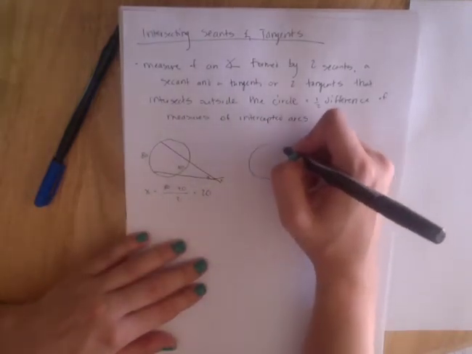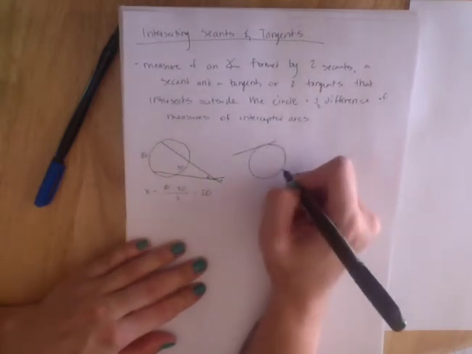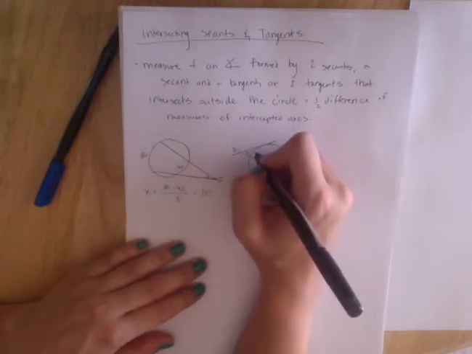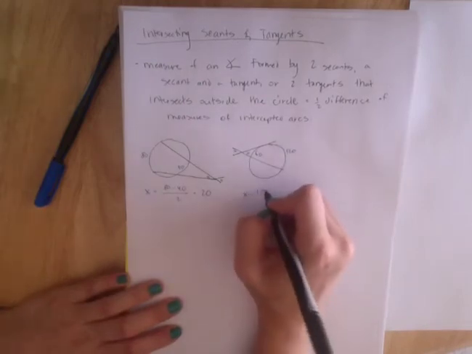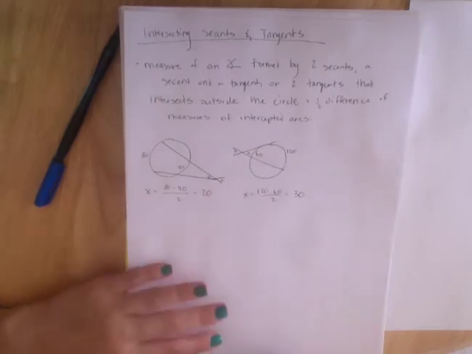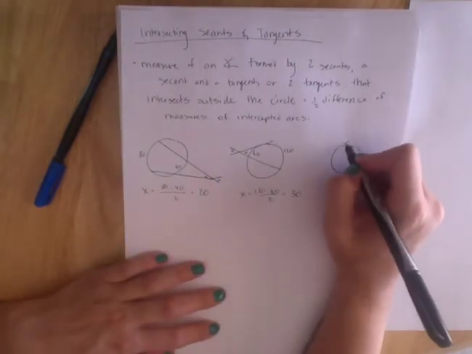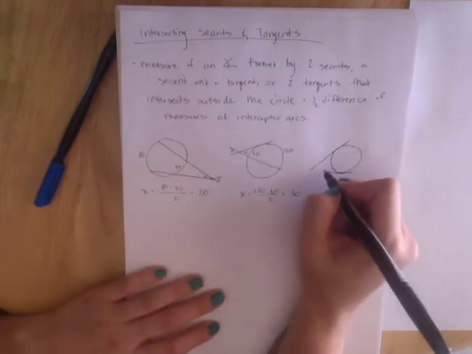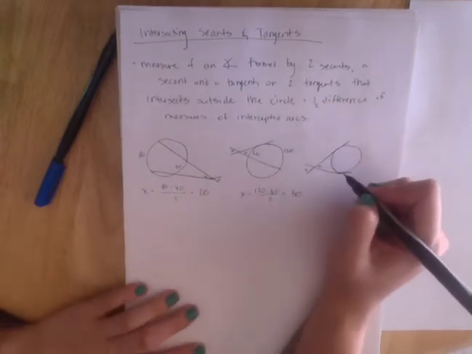We could also have a secant and a tangent. So here's my tangent, here's my secant, there's my angle x. Let's say this is 60 and 120. Again, x would be the difference, 120 minus 60 over 2 gives me 30. Or if I have two tangents, they create this angle here.